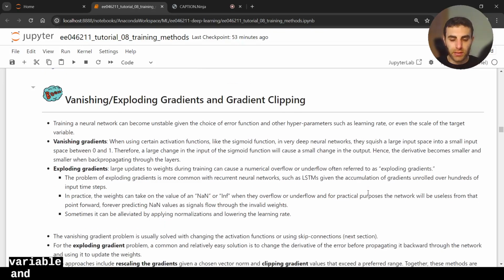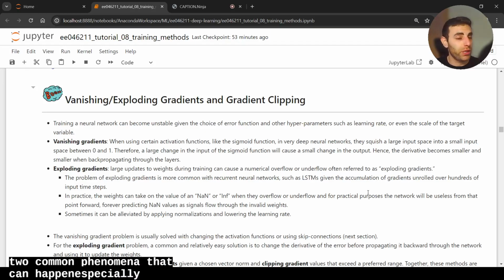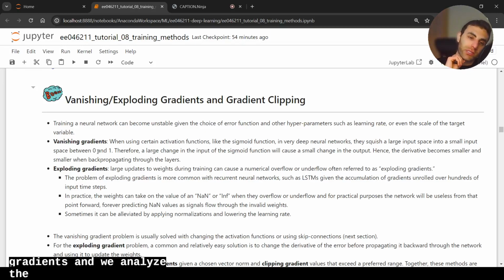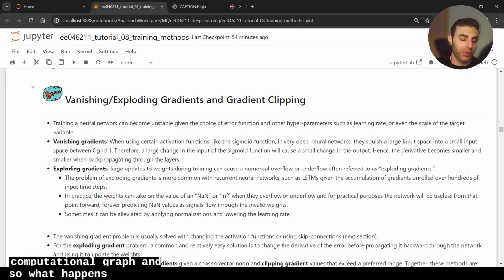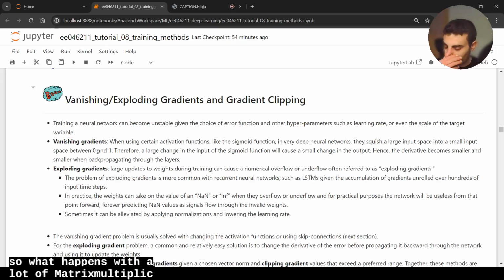And sometimes there are two common phenomena that can happen, especially with sequential models, so RNNs. One is vanishing gradients. We discussed this when we talked about RNNs. We analyzed the gradients and the computational graph, and what happens with a lot of matrix multiplication.